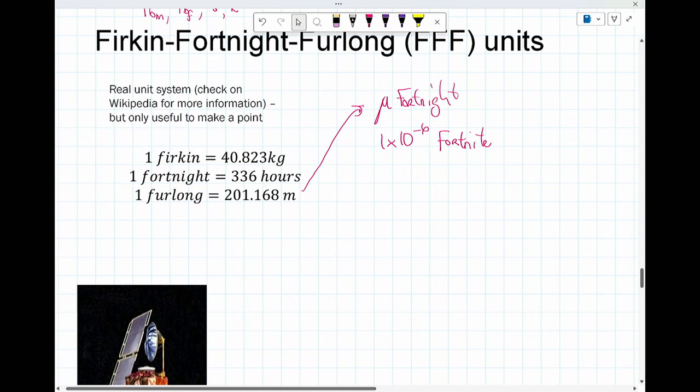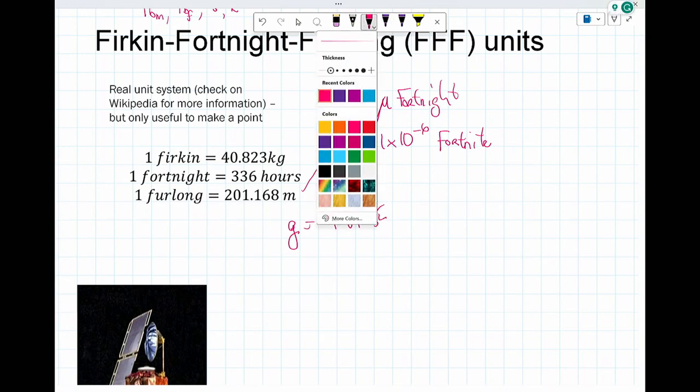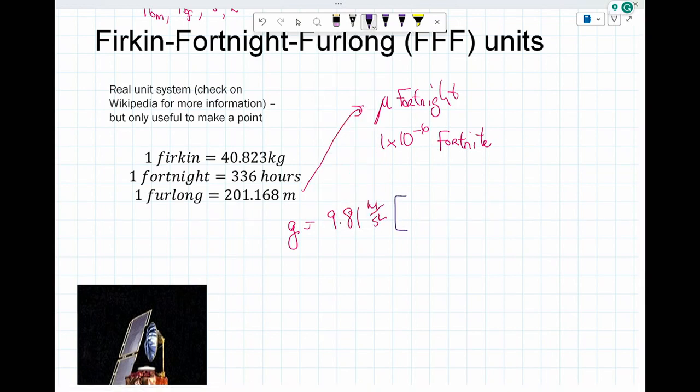If I do that, I can convert 9.81 meters per second squared into 1 furlong over 201.168 meters, 1.2096 seconds over 1 microfortnight.